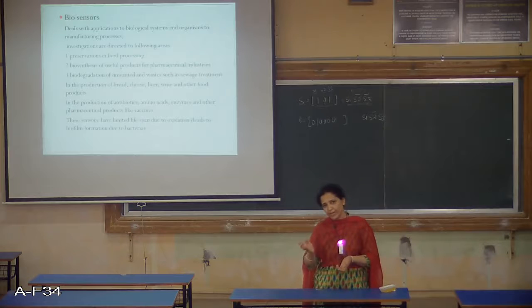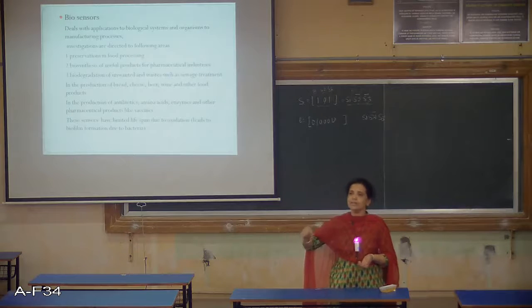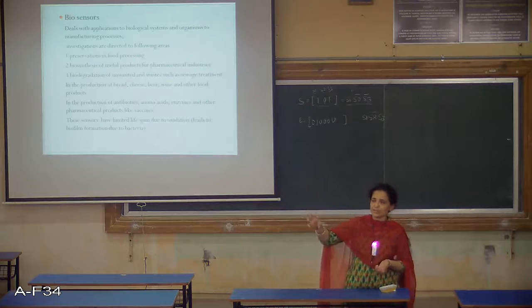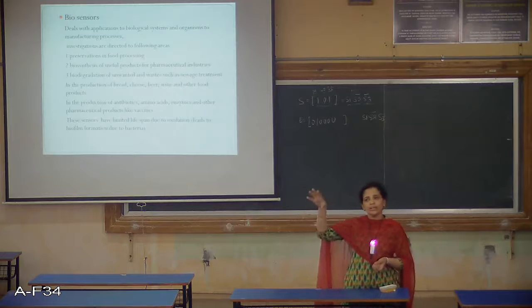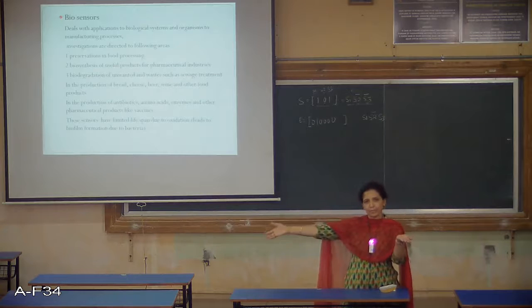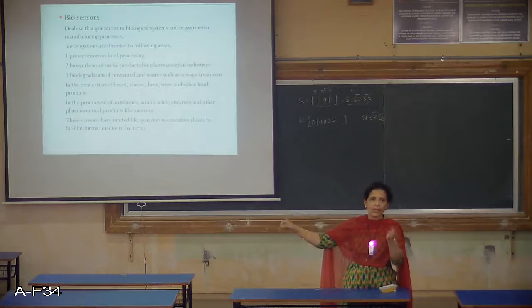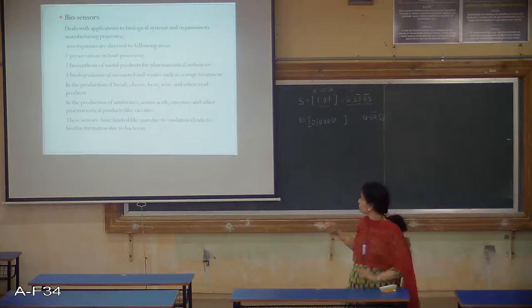Then the transducer senses that and converts it to respective electrical signal and gives it to the detector. Then the conversion from the chemical part or the biosensor part to the specific required gas level takes place.